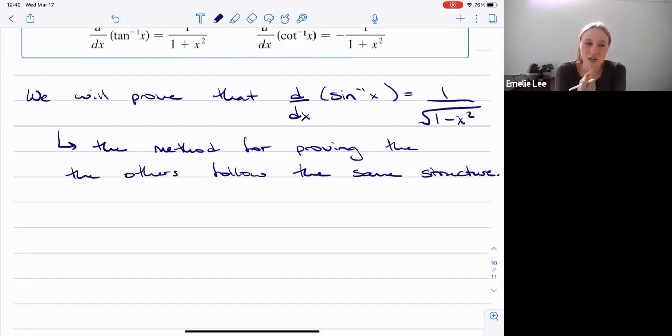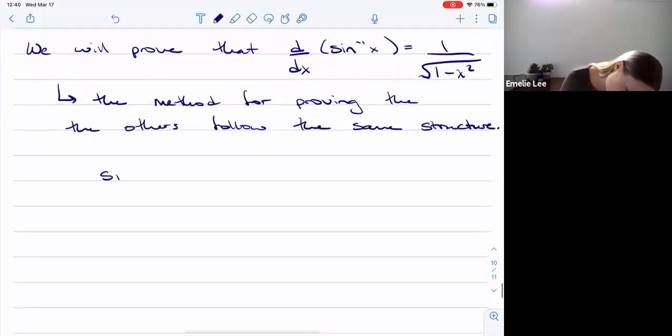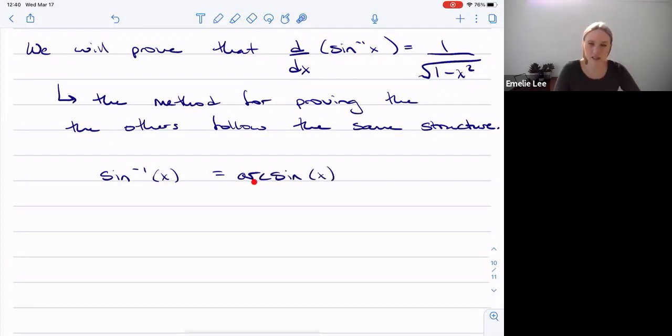So sine inverse of x is the same as arc sine of x. And usually if you're typing, of course, arc sine is a lot quicker and easier to type. So that's why we sometimes use arc sine, but sine inverse or arc sine, they're equivalent.